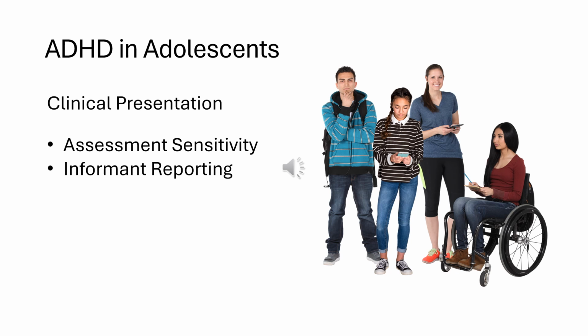For example, one criteria is often runs about or climbs in situations where it is not appropriate. This would be a behavior more typical in a child. So, in parentheses, they add a note which states that adolescents or adults may be limited to feeling restless.